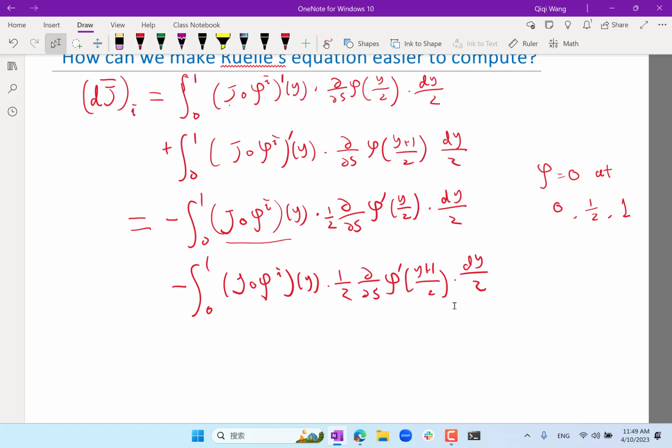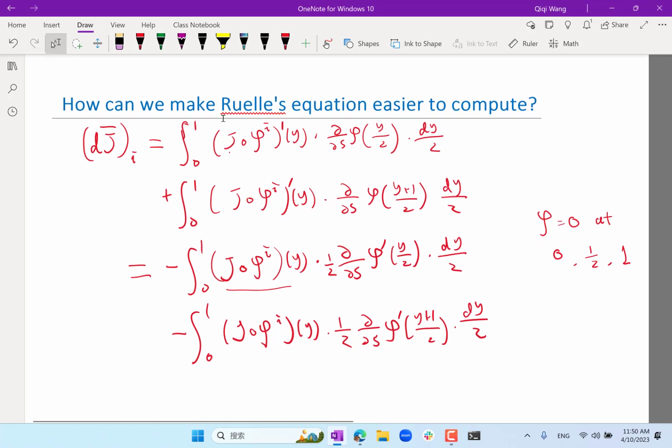So by doing this integration by parts, we have removed the integrand that exponentially grows while keeping the integral exactly the same. What does that mean? That means I no longer need exponentially many samples if I evaluate the integral in a Monte Carlo way.